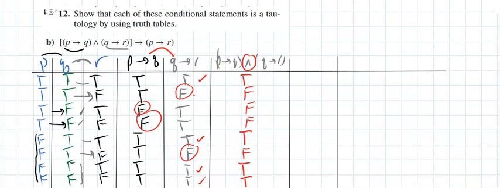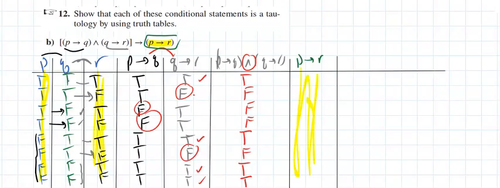Hopefully I didn't make a mistake. Okay, now if I go for P implies R, I'm looking at P and R. Remember, the only issue there is if this is true and that's false. So true and true is fine. This is an issue. This is an issue.